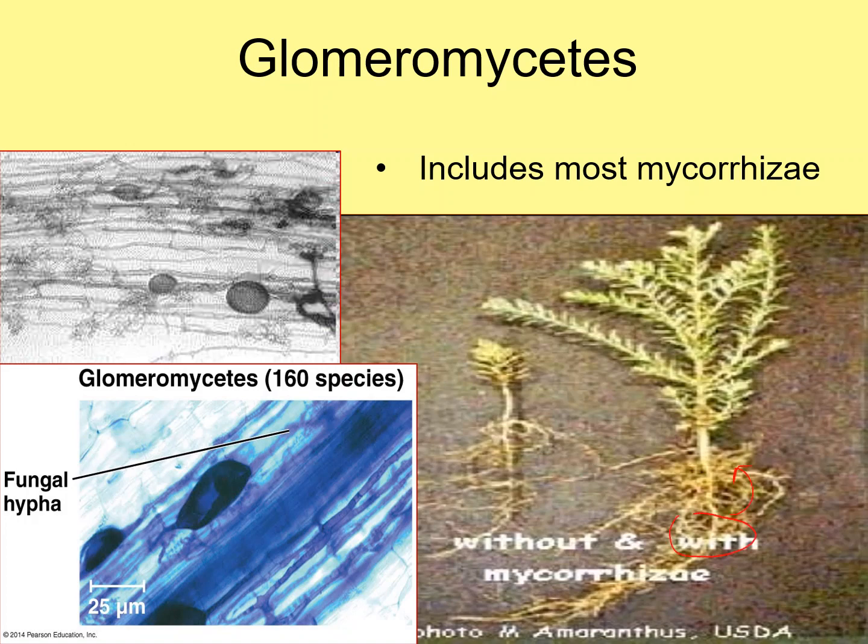So even though most plants have true roots now, and they can absorb the nutrients and water all on their own, having that extra help from the mycorrhizae is still super, super important for them to be successful. And so this is still an important symbiotic relationship.